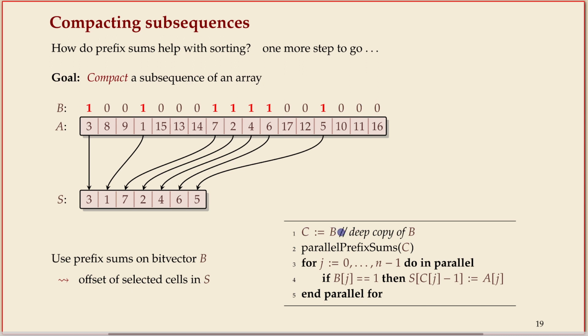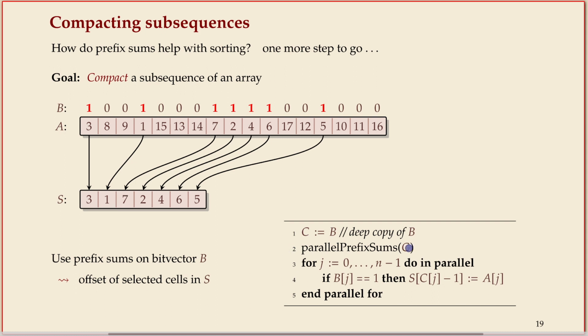Here I'm making a copy of the bit vector first because we need it later, and remember, prefix sums overwrite their input. But essentially, we compute the prefix sums of the bit vectors. Now, what does that do? It means, for example, the 7 here has an entry above it that's a 1. And if I sum up everything up to this point, that's 3. And that's exactly the position in the output array where it should go.